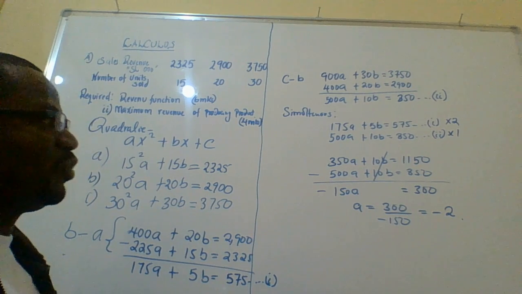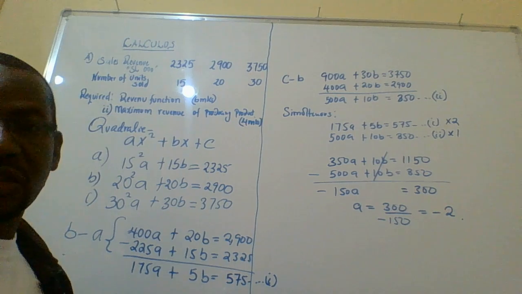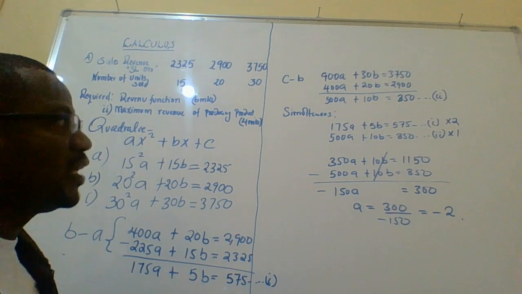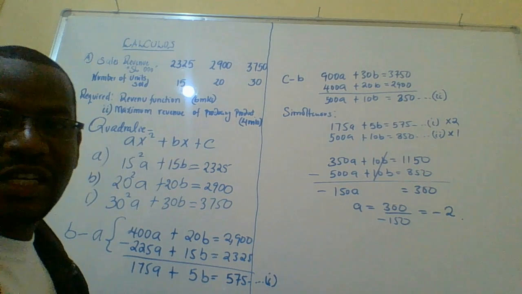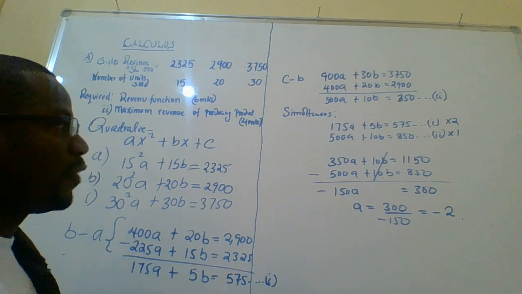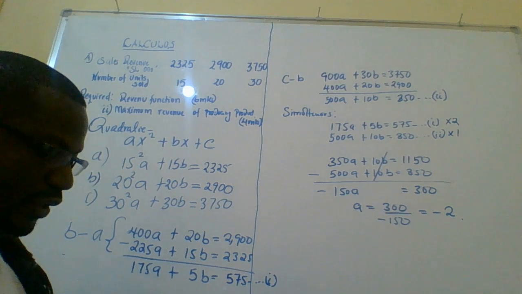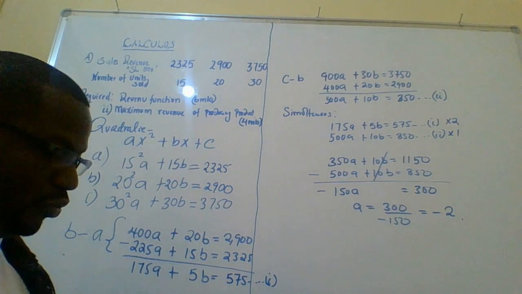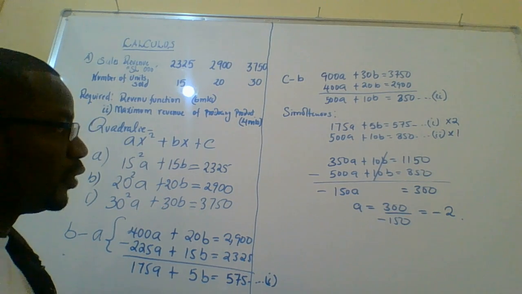How about B? We can substitute A in any equation so as to come up with B and therefore come up with the revenue function.